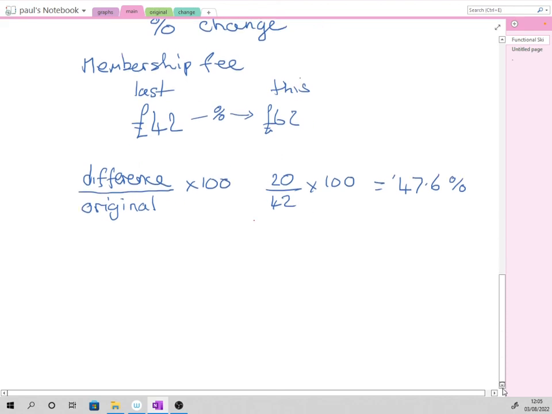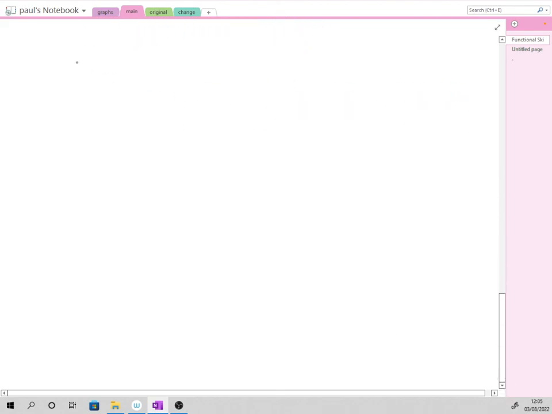Do another one. So a rail ticket, these are always going up, aren't they? Some kind of annual rail ticket to get in and out of the big city. It used to cost £2,400 a year. Now it costs £3,100 a year. So what percentage increase is that?